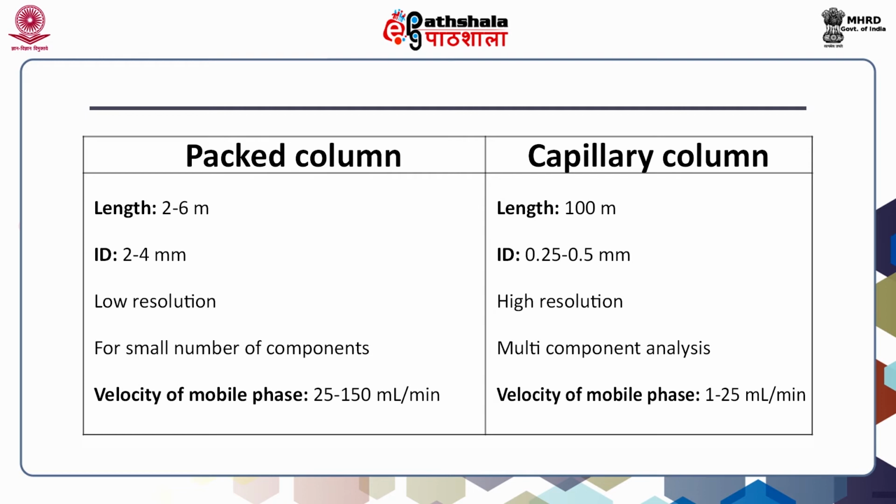If we use more gas in the capillary columns, then sometimes there is a problem of back pressure, so one has to be very cautious. With a capillary column, it is generally preferred to inject a small amount of material and keep the volume of gas low. So, this was about the differences between packed and capillary columns.